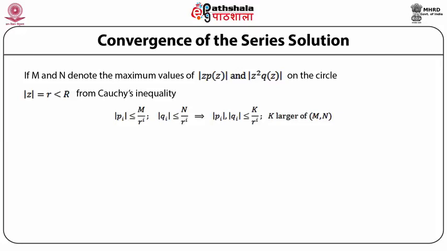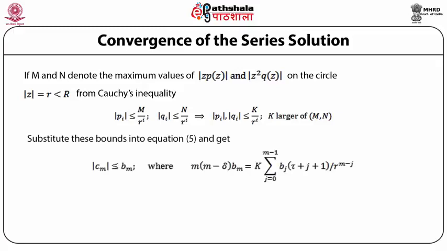This implies |pi| and |qi| are both less than or equal to K/r^i, where K is the larger of M and N.